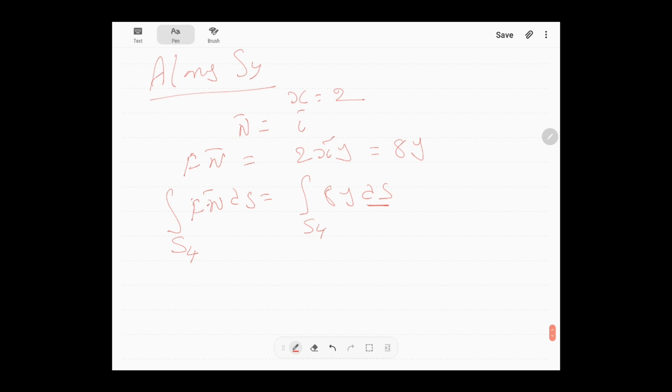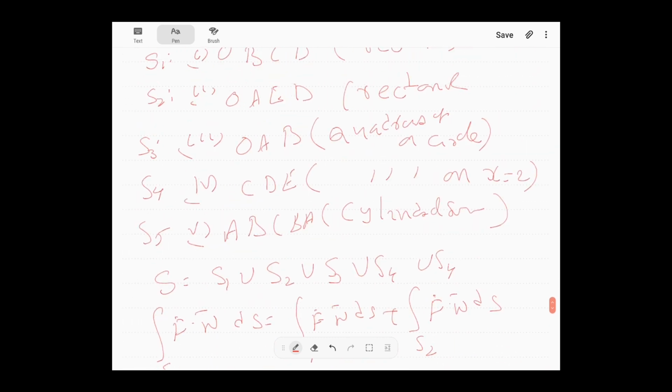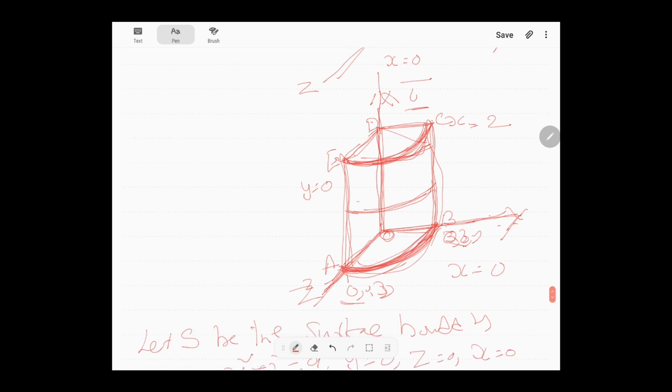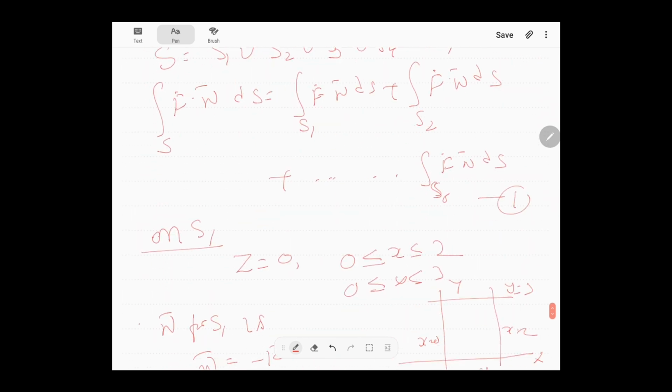Let us observe which is better. If this is the surface, I can take the projection on this YZ plane. If I take this projection on the YZ plane, where does it fall? Exactly in this quadrant of the circle. So I am taking the projection on the YZ plane.